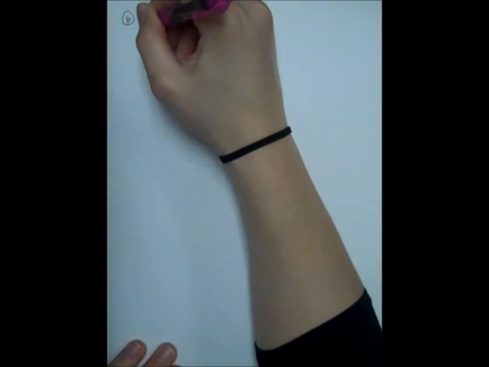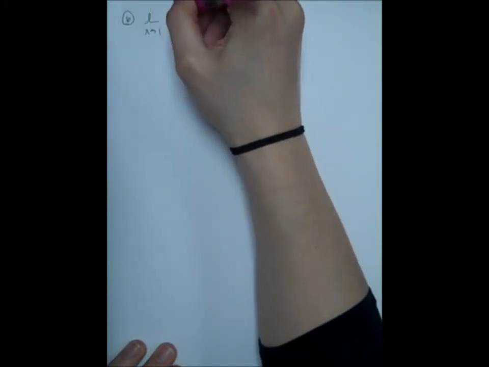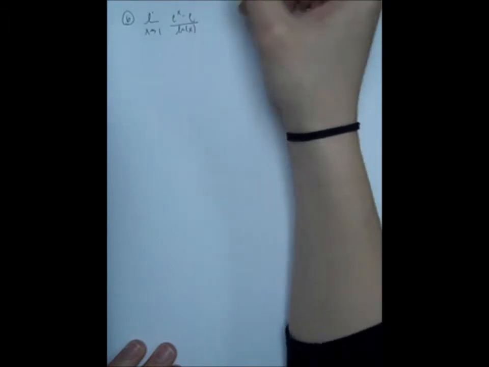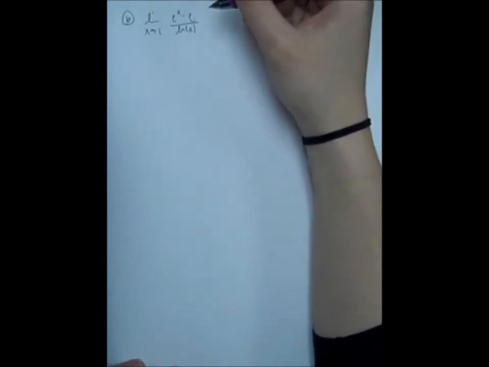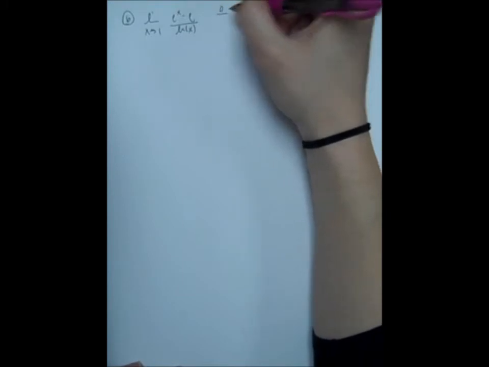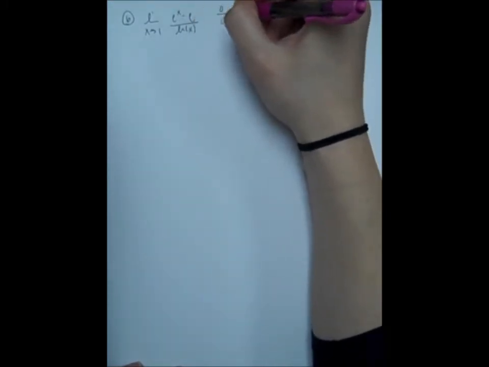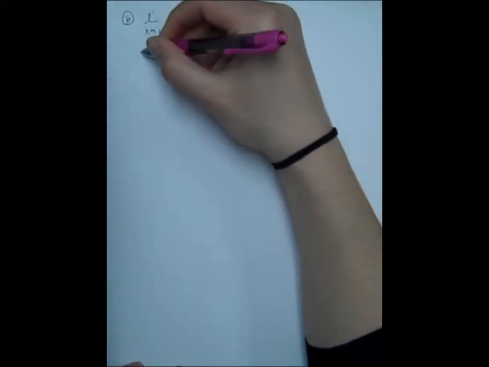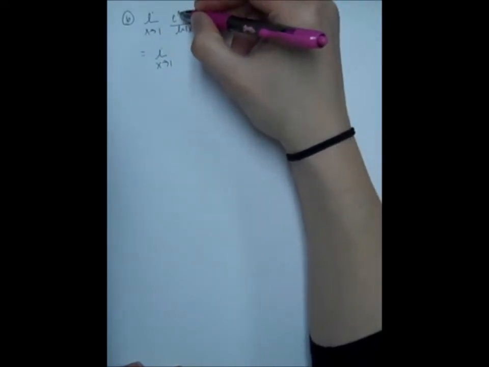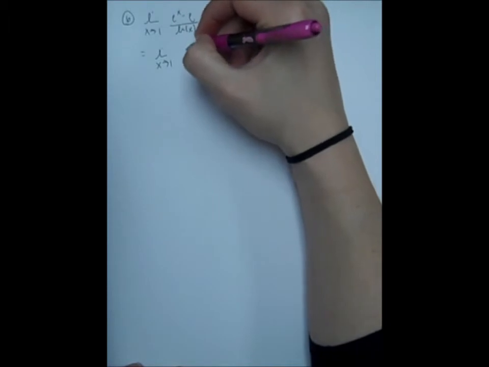How about the limit as x approaches 1 of e to the x minus e over natural log of x? What's the form of this? If I plug in 1 to the top, I'll get 0. If I plug in 1 to the bottom, I'll get 0. This is of the indeterminate form that we want. So I'll take the derivative. Derivative of e to the x minus e is just e to the x.